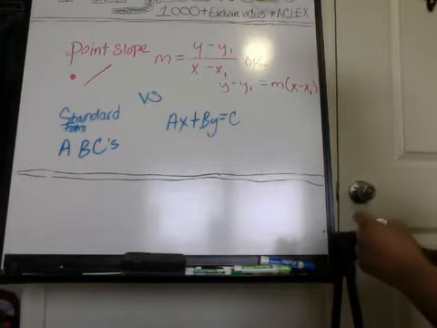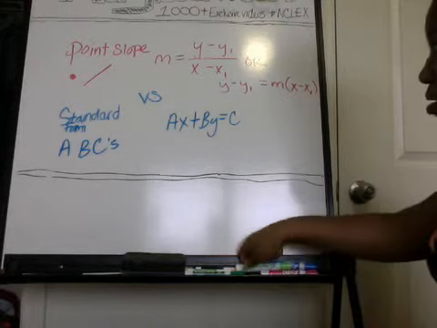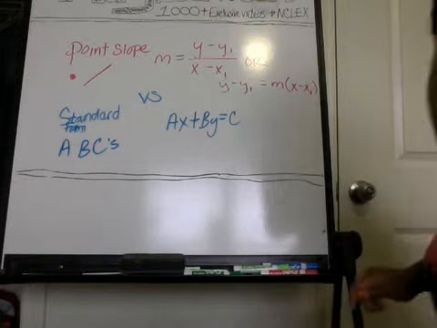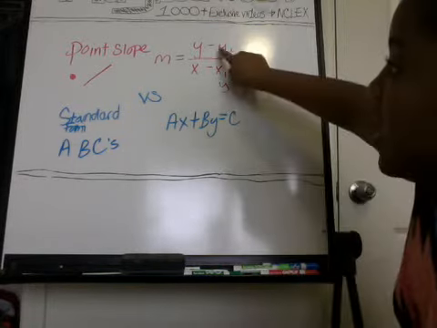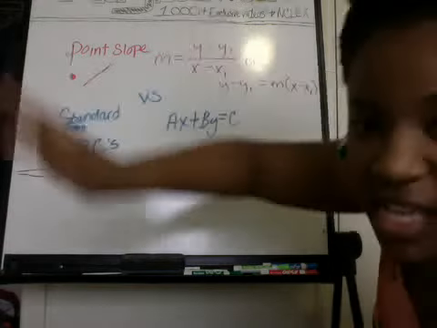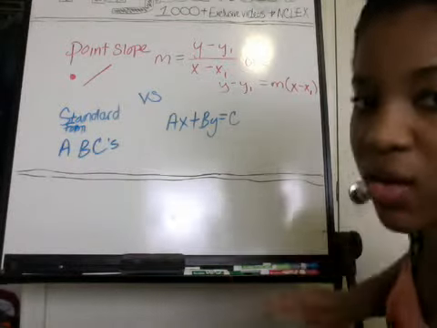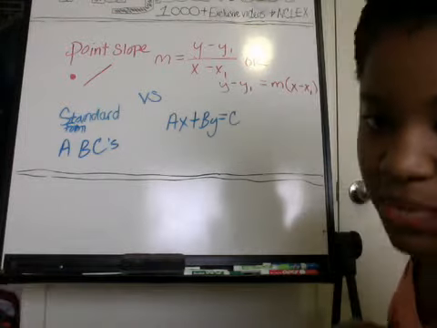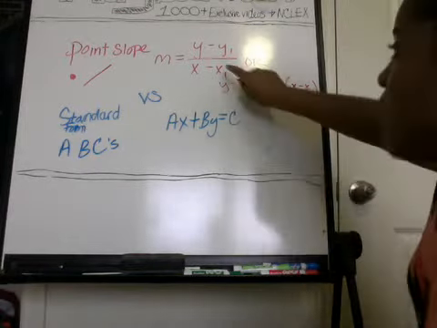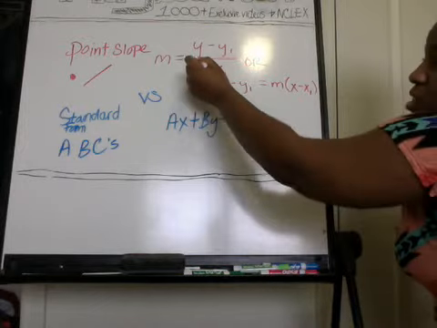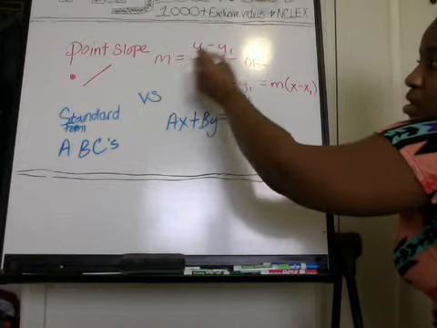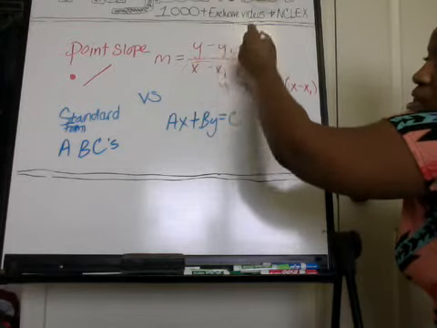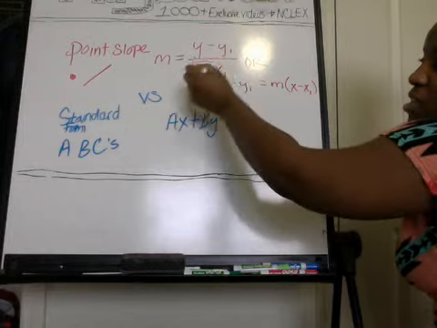Okay? So let me tell you what I did here. I basically put y in its own vicinity, in its own area, okay? I want y to be on one side, and I want my x's to be on the other side. So what did I do? I took this and I multiplied it by itself over here to cancel itself out.